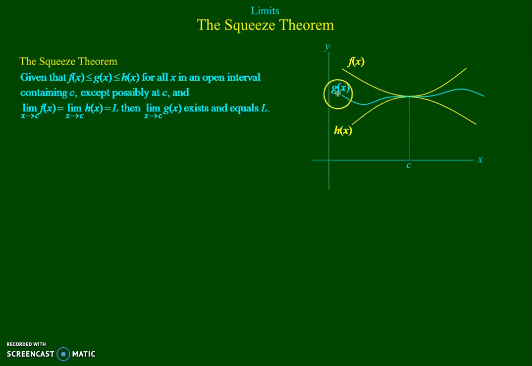Now let's say that you have a third function, g of x, that is always between f and h.